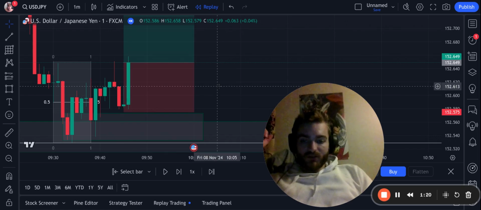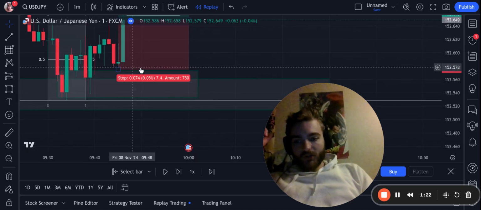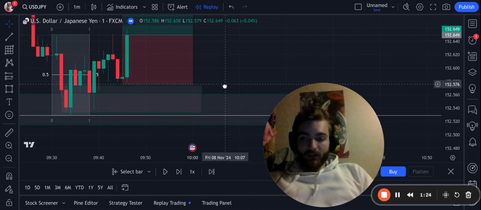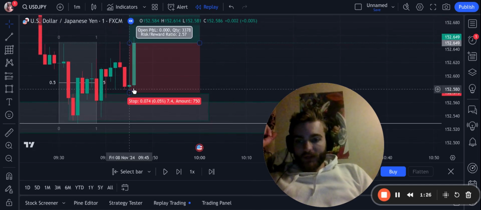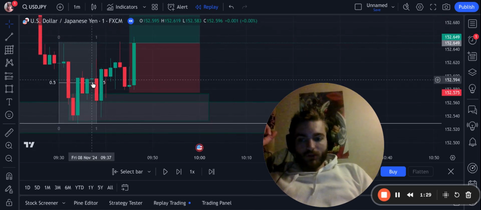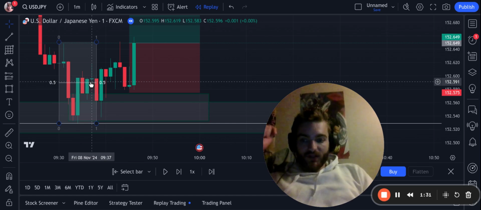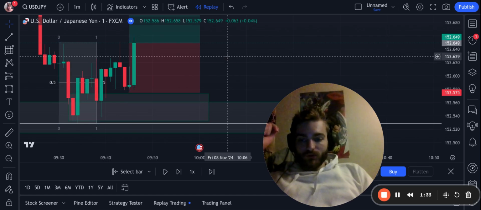So I didn't want to risk too much on this trade because the candlestick was so big. So I just put my stop here, and it's right below where the 50% mark is at, and it's the last low that was created before the bullish candlestick.